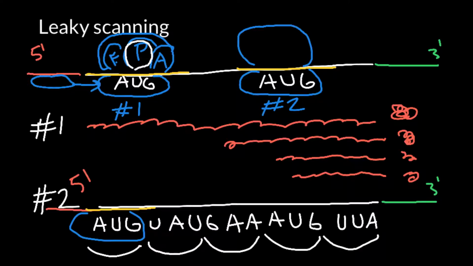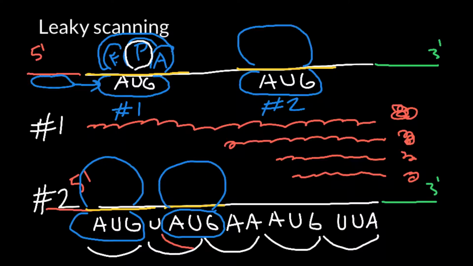But now let's imagine that our small ribosomal subunit would attach here, and as you see, in this case we are not going to have the shortened version of the same protein, just like in the first example, but actually the reading frame itself would shift here, and here's what would happen.